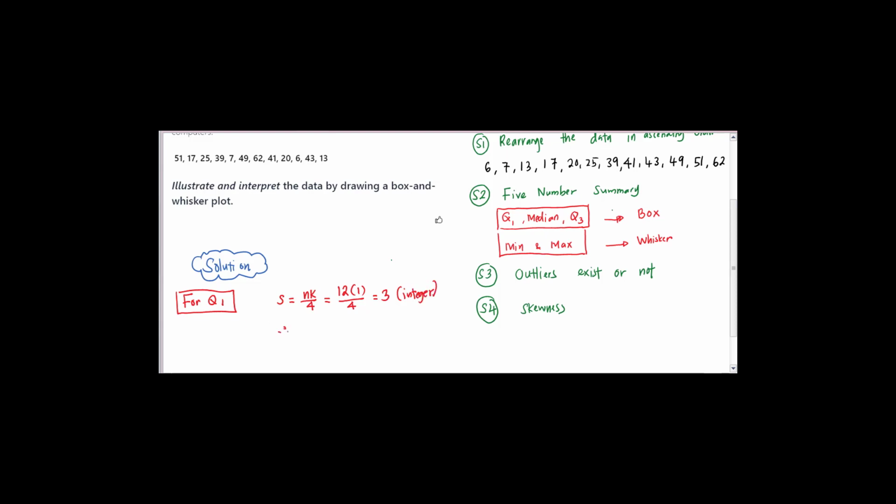Therefore, Q1 is equal to the average of the third and fourth observations. So we look at our data. The third data is 13 and the fourth data is 17. Therefore, this is 13 plus 17 divided by 2. So we get that Q1 is 15.